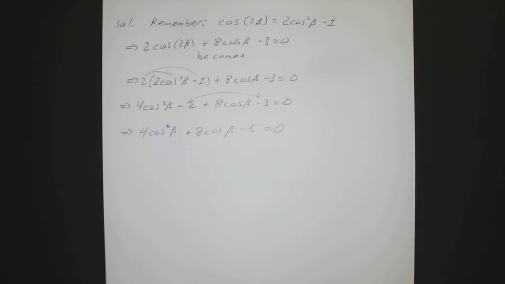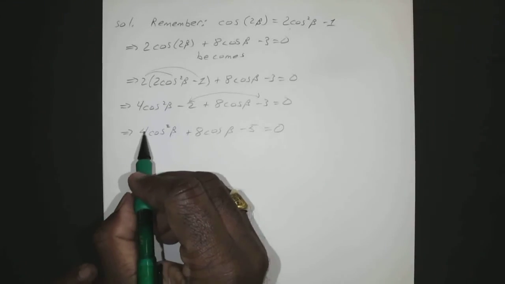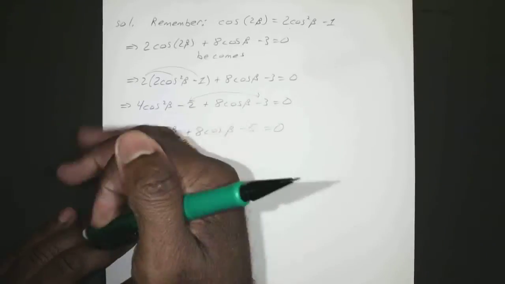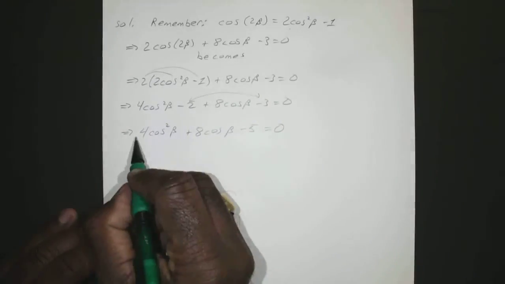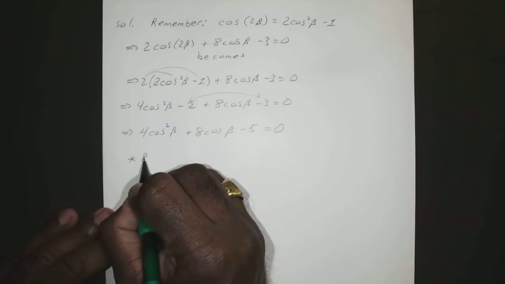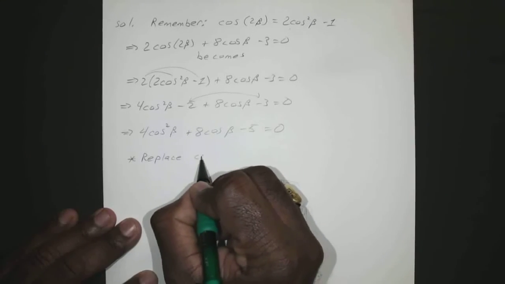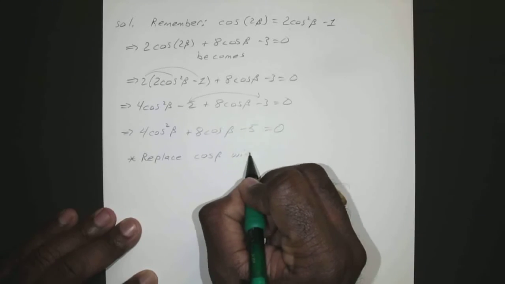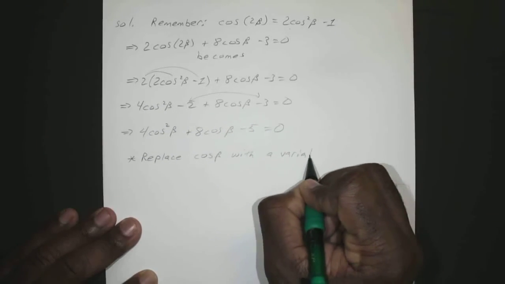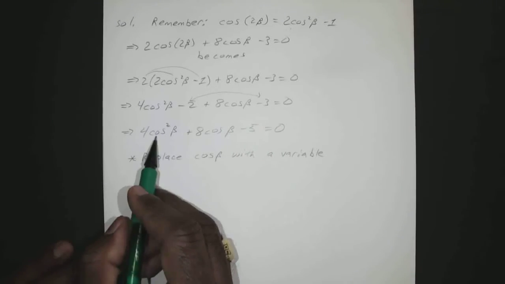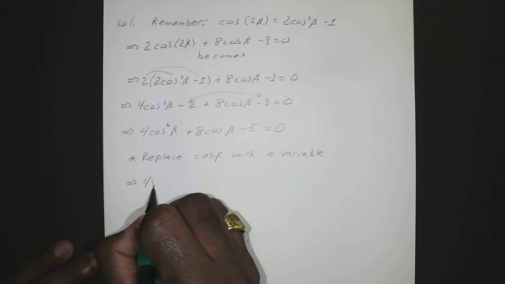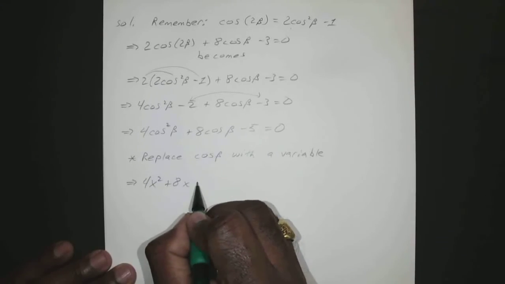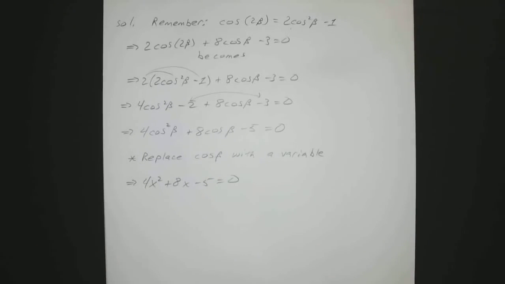Okay, which really gets us back to what we were starting to get used to, nothing but cosines. So now we can replace cosine of beta with a variable. Okay, so we have 4x squared plus 8x minus 5 equals 0.